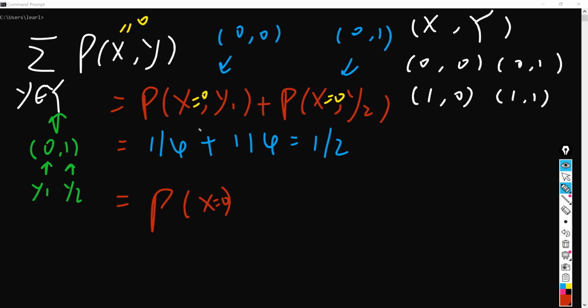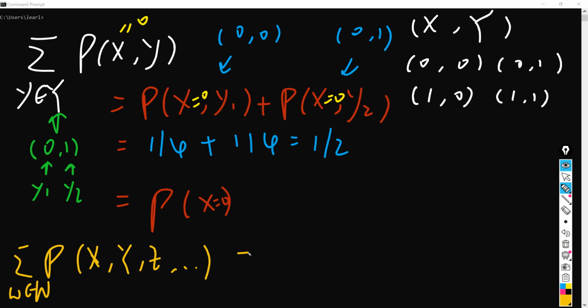So here is a derivation that works for whatever variable. For example, here small w equals capital W, and we can have x, y, z, and so on, until small w here.